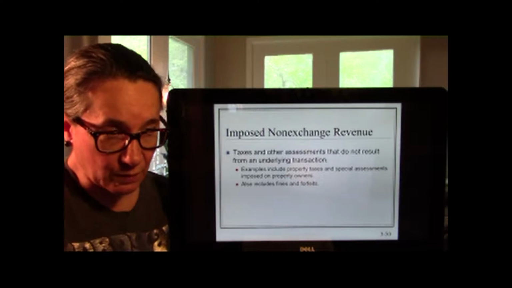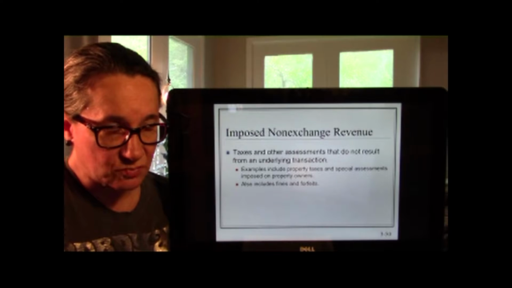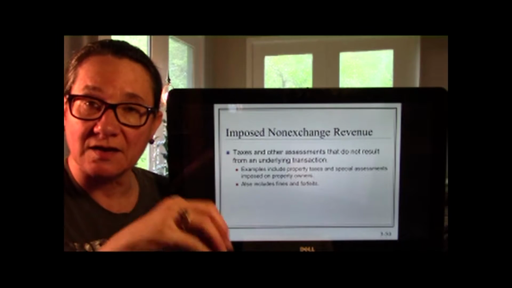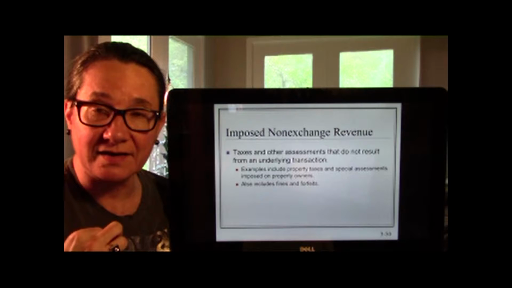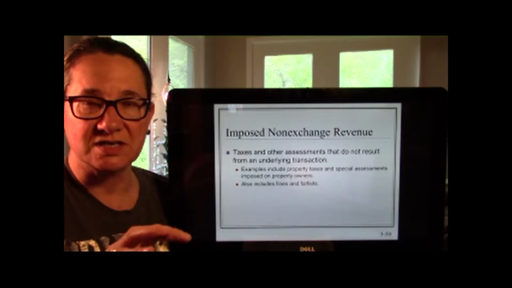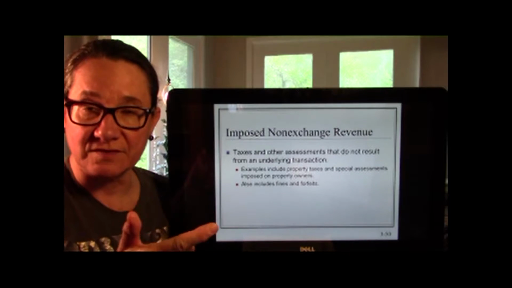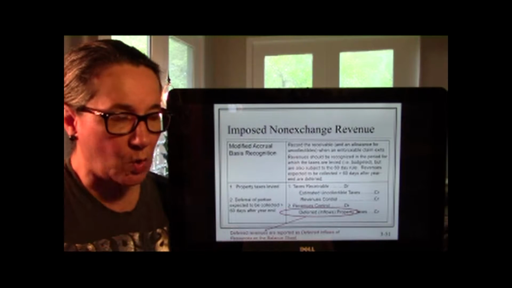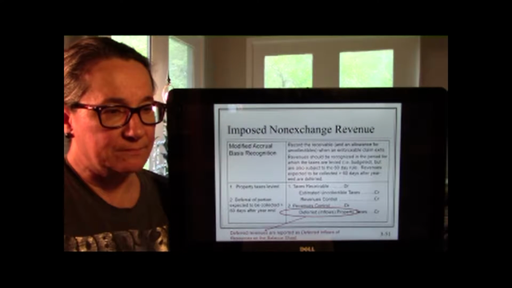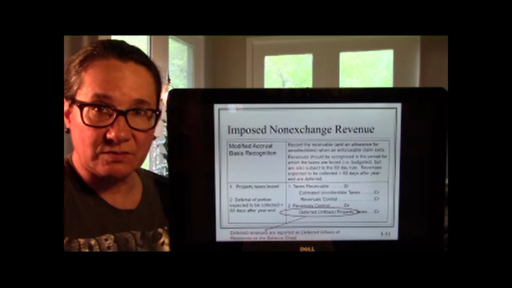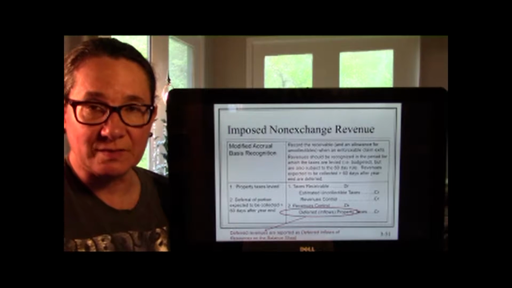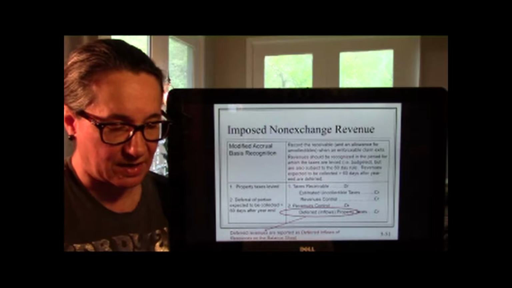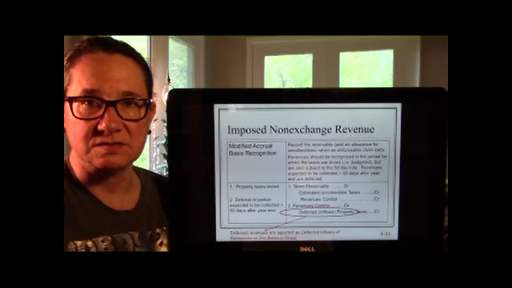So on the imposed non-exchange revenue, imposed means imposed by the government on whoever they're collecting it from. So the imposed non-exchange, that's the taxes and the fees, right? So you would record this as a receivable, right? So as the government, imagine Clayburgh County property taxes.